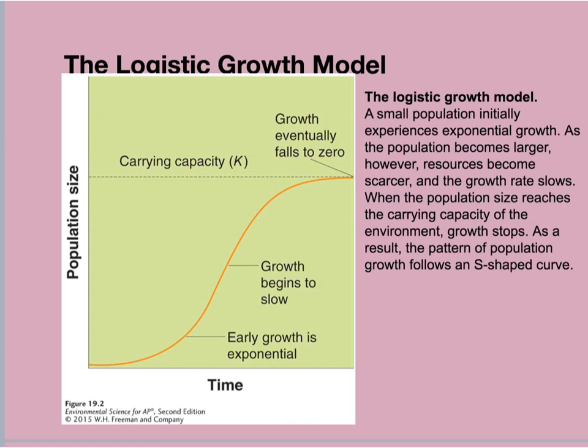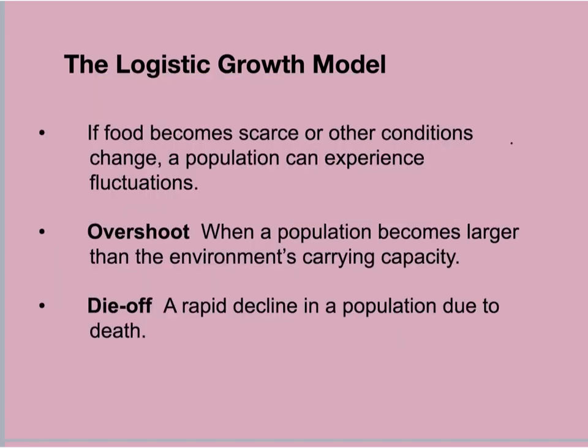When it reaches carrying capacity, the growth in the population stops. And so as a result, when you plot this pattern over time, you demonstrate an S-shaped curve. The logistic growth model becomes another model that can show us how populations experience fluctuations.